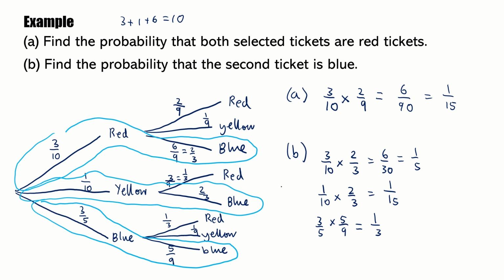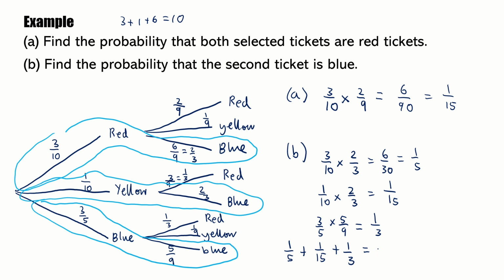But then we're saying either we get a red and a blue, or a yellow and a blue, or blue and blue. And it's because I'm using that word "or" to separate those different routes, that's sort of implying that this is a situation where you do add. A lot of you might have realized this anyway, just because you know tree diagrams, but I just thought I'd highlight once again this link to the words, so when you're dealing with wordy questions, you can unpick just from the words what it is you're meant to be doing with your calculations.